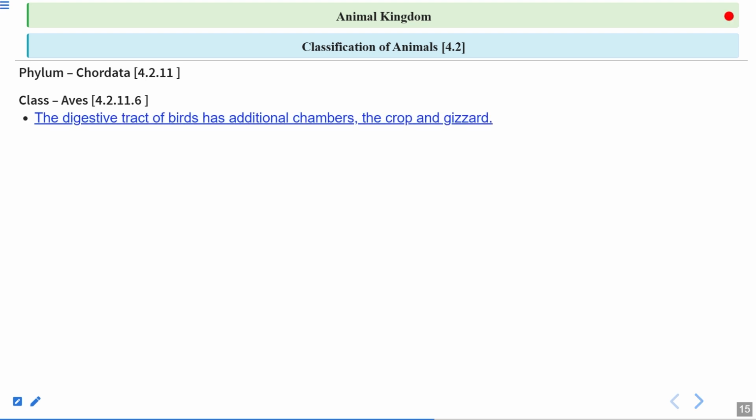The digestive tract of birds has additional chambers, the crop and gizzard. This is again a very, very important point. Why does the digestive tract of the birds have these two chambers, crop and gizzard? See, you must have seen the birds, they pick the seeds very quickly and they first of all store all the seeds or the food they are eating, right?